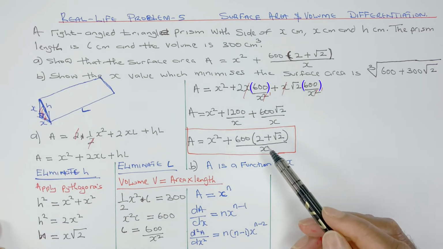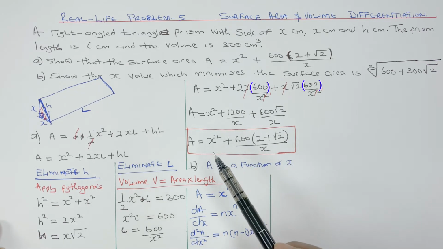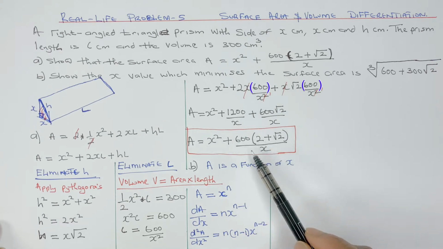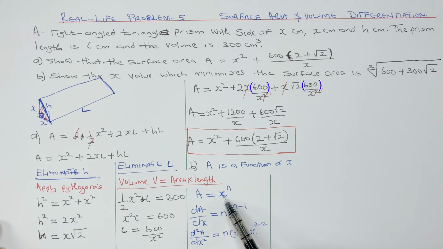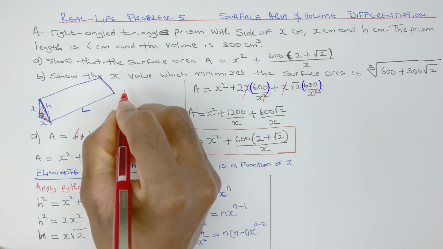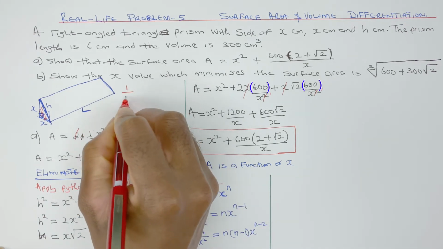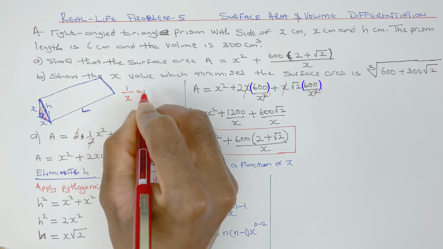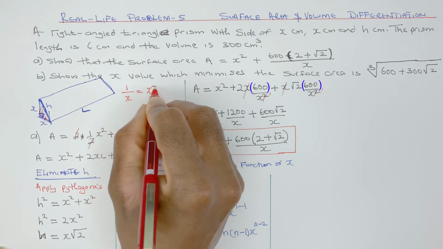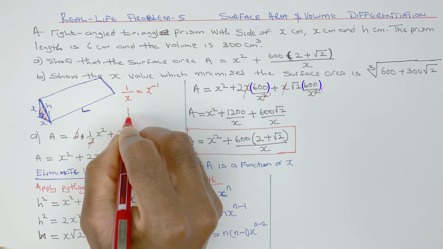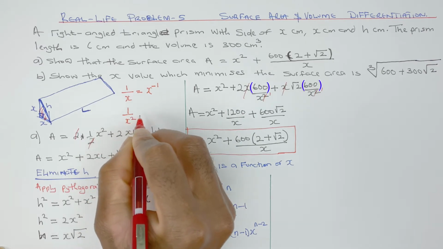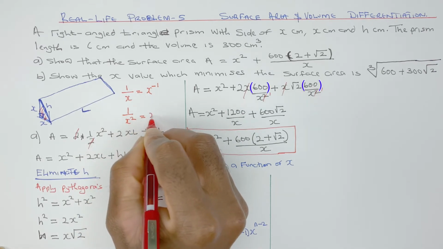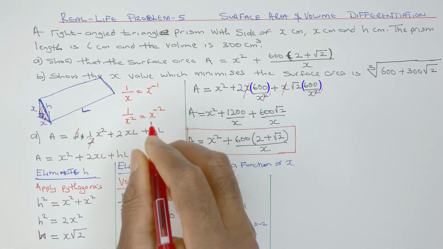So what that meant is we have to have these functions in the form of A equals x to the power of n. We know from indices that 1 over x is equal to x to the power minus 1, and 1 over x squared is equal to x to the power minus 2.